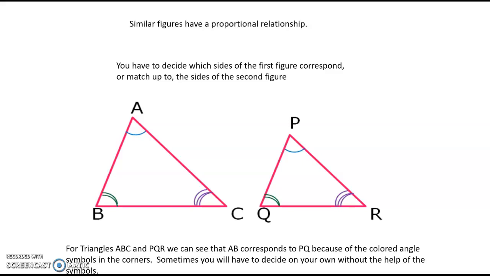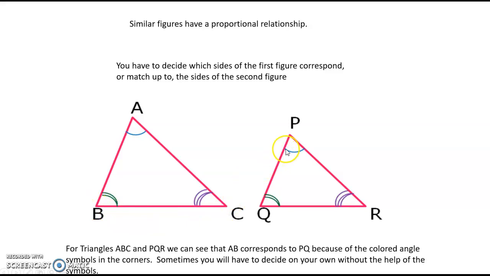So for triangles ABC and PQR, we can see that line segment AB corresponds to line segment PQ because of the colored angle symbols in the corners. So we start from the blue arc and go to the double green arc, and that makes up the line segment AB.